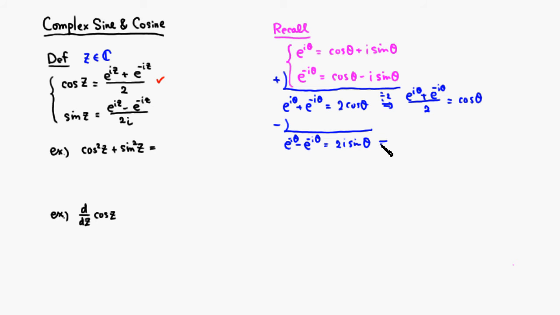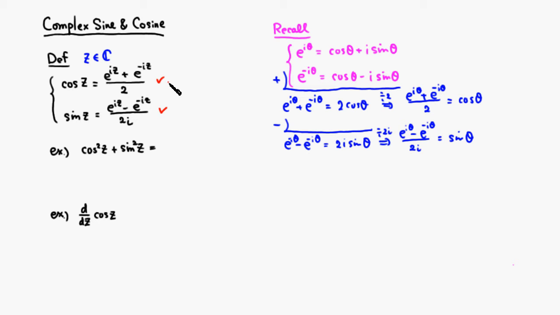Then we divide through by 2i to get e to the i theta minus e to the negative i theta over 2i is equal to sine of theta. So following Euler's formula, we can see the motivation for why we define sine of z and cosine of z in terms of exponential functions.